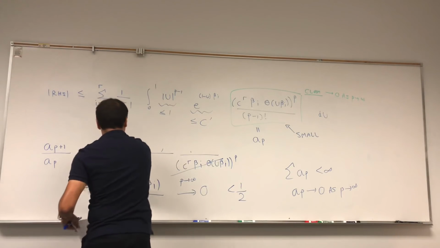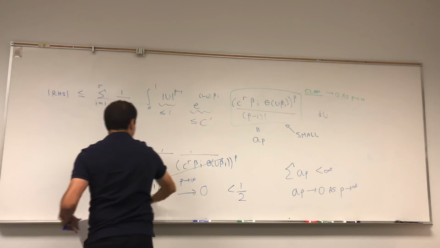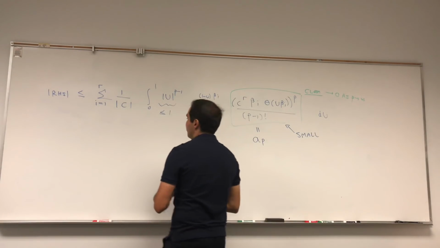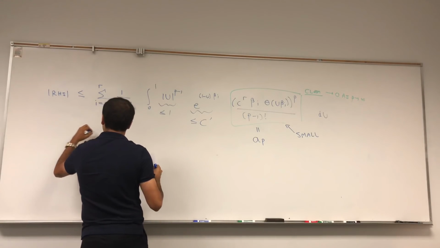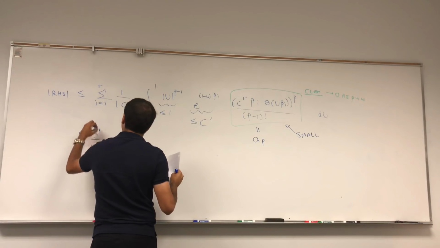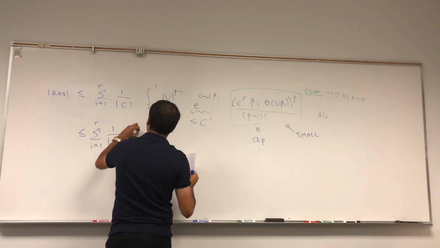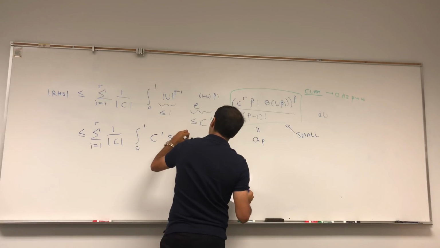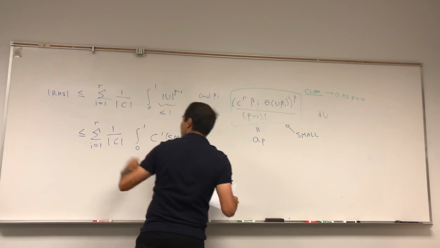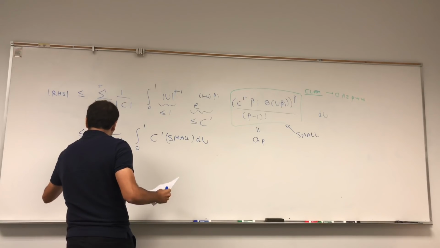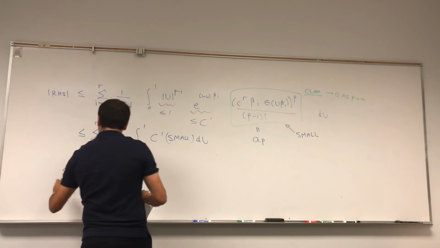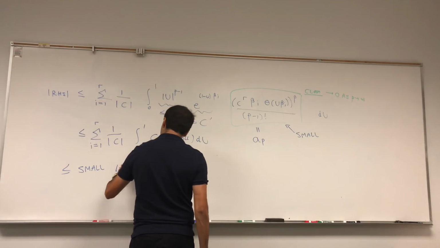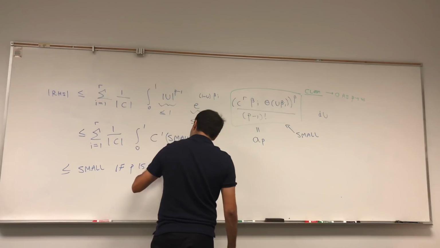And so, to conclude, what we're left with is this is less than or equal to the sum from 1 to r of 1 over c, integral from 0 to 1, c prime times small, du. And the point is, this is small. So, super rigorous math, okay? So this is small if p is large enough.